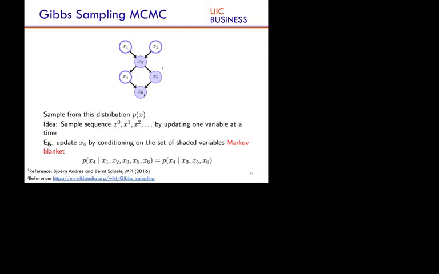For example, you update x4 by conditioning on the rest of the graph, but it happens that conditioning on the Markov blanket of this random variable will be enough, because x4 is conditionally independent of x1 and x2 given its Markov blanket. The Markov blanket is just a node's parents, children, and children's other parents. That's it. We don't have to actually do that on a directed graph. We could have worked with a factor graph, but it's okay.